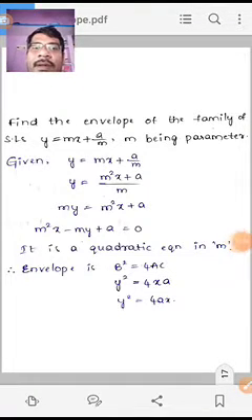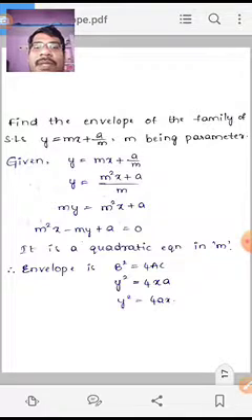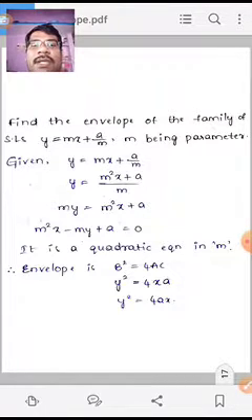Find the envelope of the family of straight lines y equal to mx plus a by m, m being a parameter. Given y equal to mx plus a by m, multiplying by m, my is equal to m square x plus a. That is, m square x minus my plus a is equal to 0. This is a quadratic equation in m.